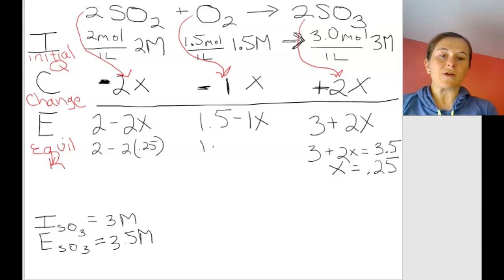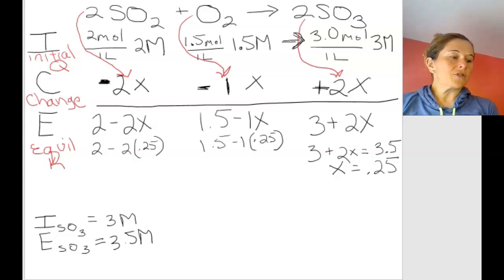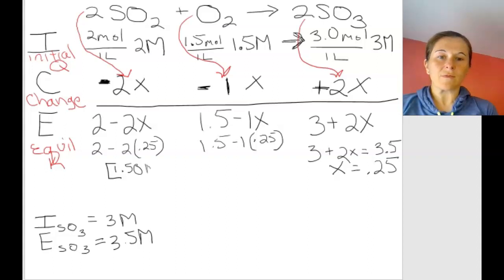Now, do you need to write all this out? No, I'm doing it so that everybody sees what's going on here. Right? And so we have the concentration there. So that means that our concentration of SO2 at equilibrium is going to be 1.50 molar.